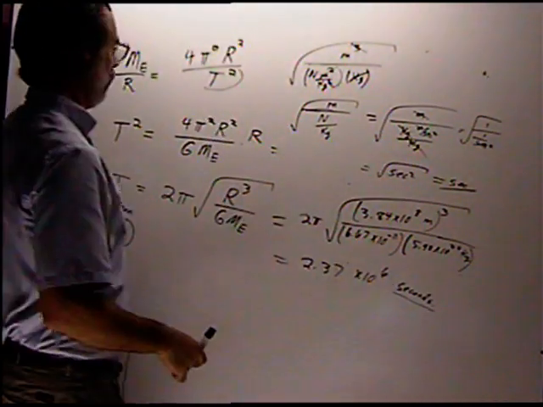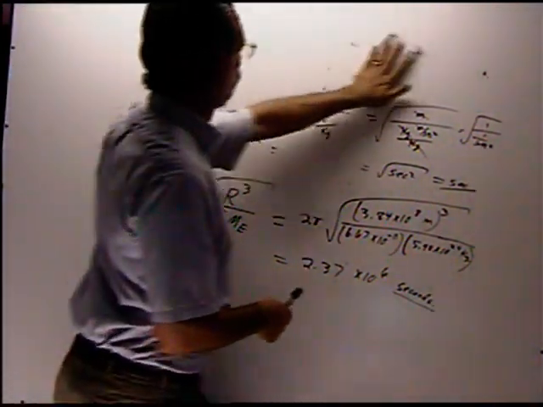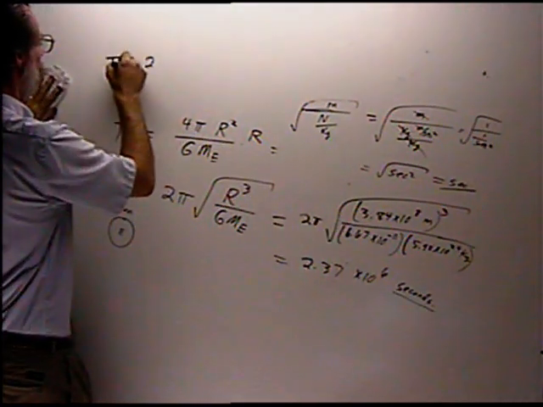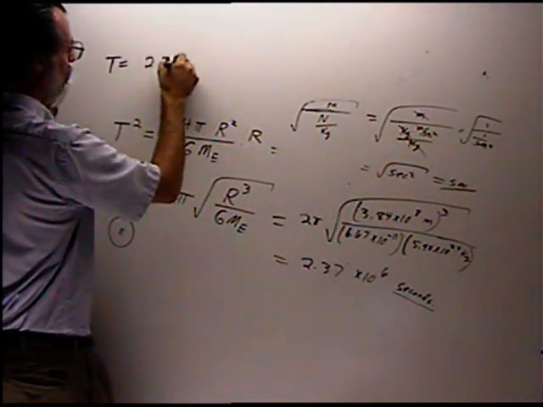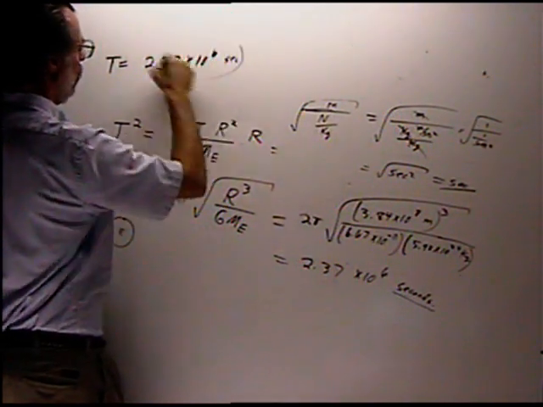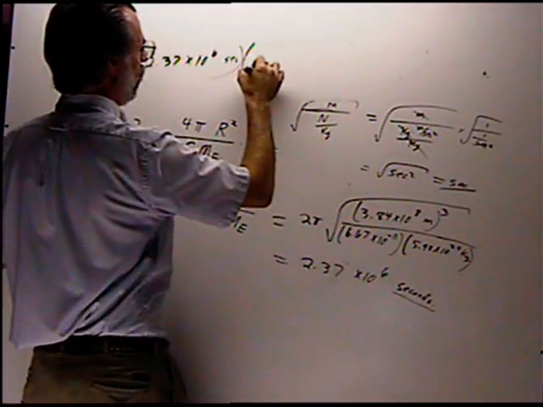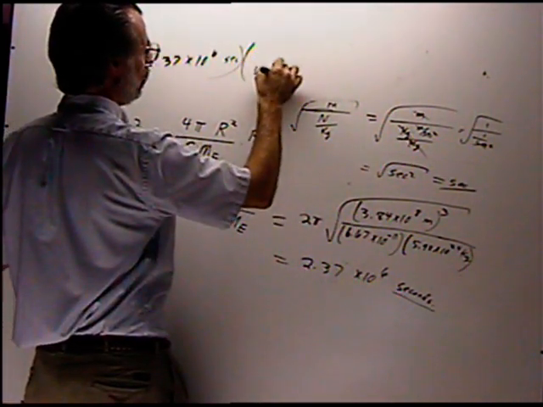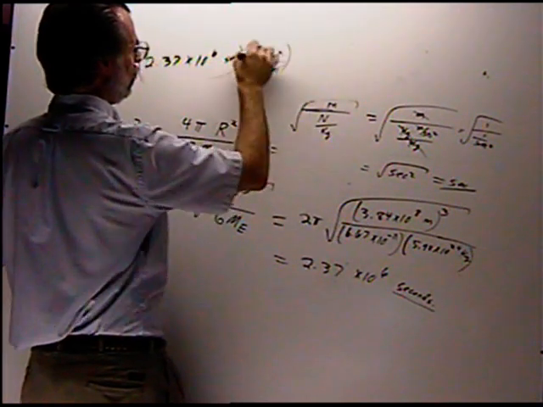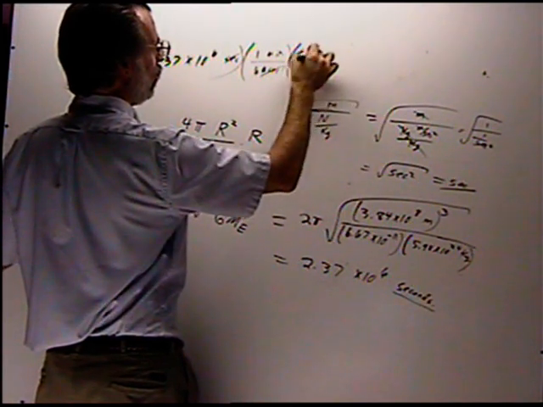So how many seconds is that? It's 2.37 times 10 to the 6 seconds. Okay, let's see. 60 seconds is 1 minute. Seconds cancel out. 60 minutes is 1 hour.